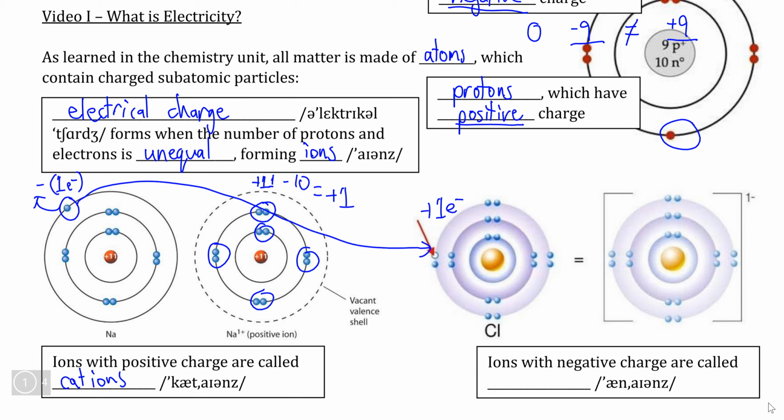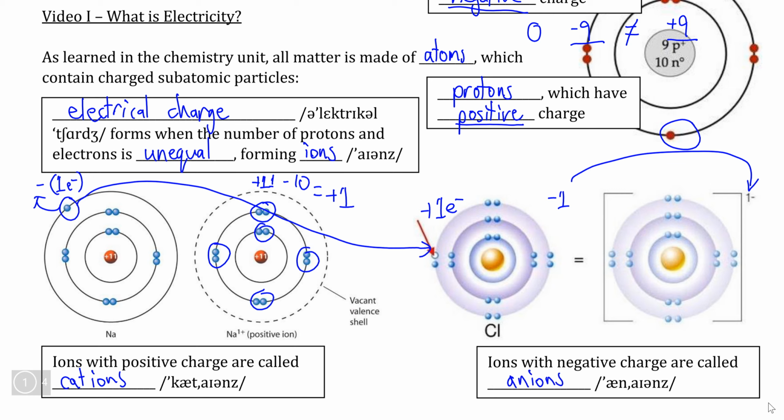And when we add 1 electron, we are adding a total of negative 1 charge, giving chlorine's ion a charge of negative 1 as we see. So because chlorine is a negatively charged ion, we don't call it a cation, we would call it an anion.